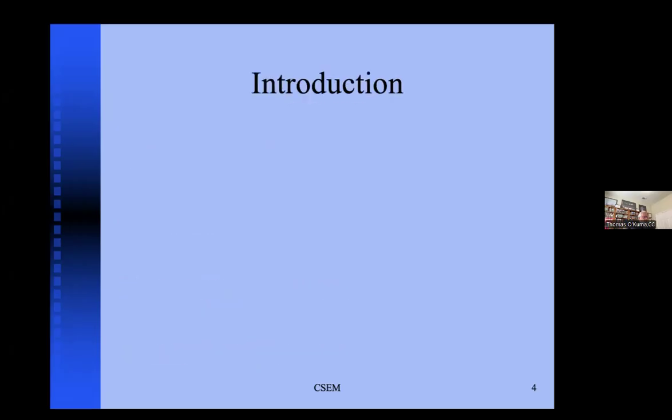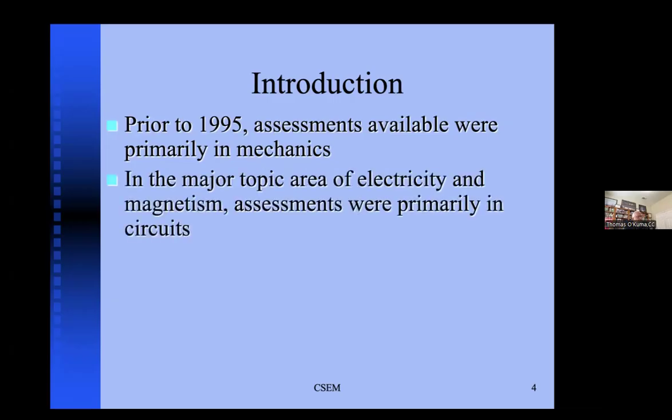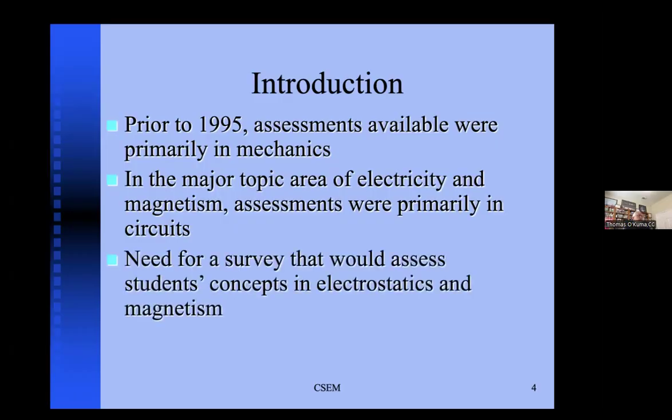So this all started prior to 1995, when the only physics assessment instruments that had been developed were primarily in mechanics. With one exception, there was one developed for DC circuits. At this time, we thought that something needed to be done in electricity and magnetism, and that's what we started doing in 1994.